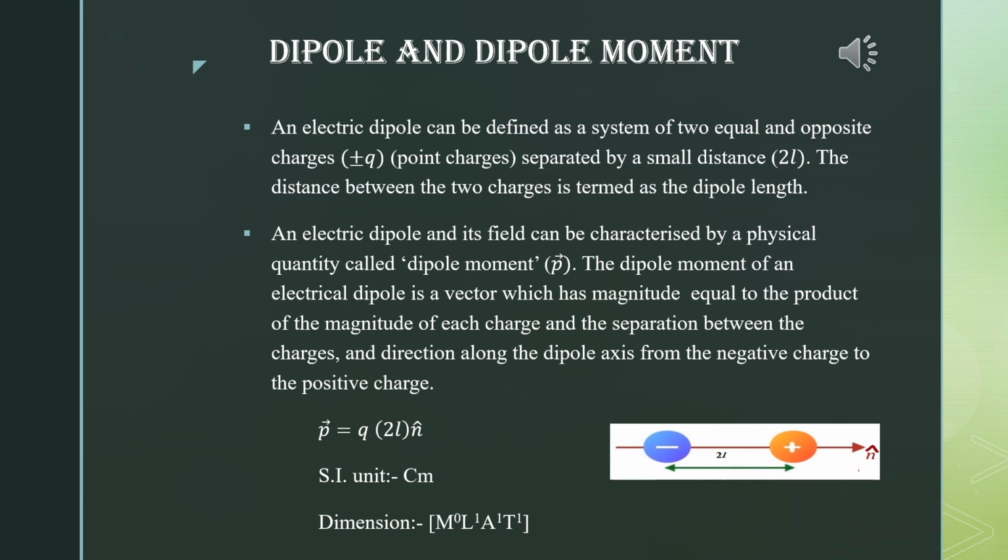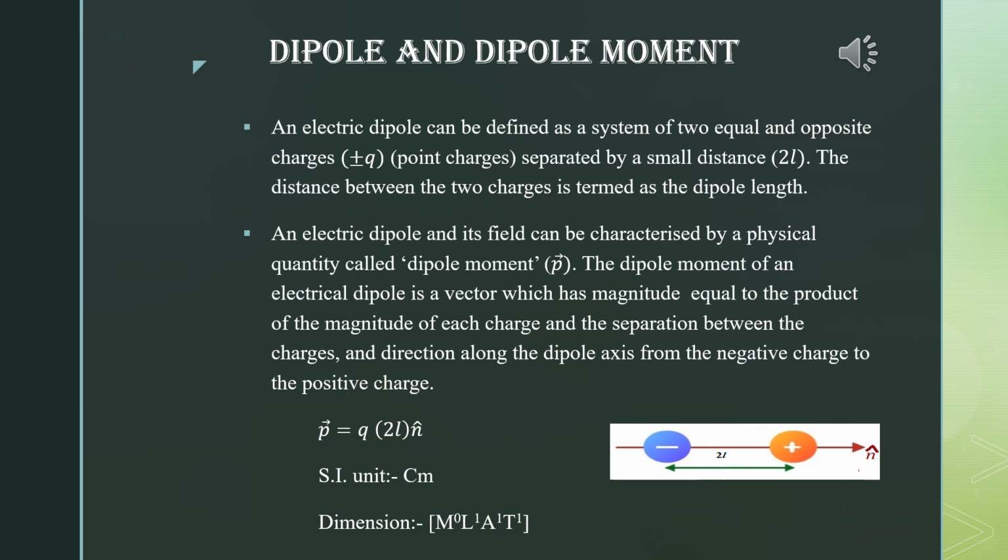Now whenever we are studying the electric field produced by a dipole, which is also called the dipole field, its strength, its distribution etc. can be characterized by a physical quantity called dipole moment. This dipole moment is a vector. As you know, a vector has two parts, magnitude and direction. The magnitude of the vector is equal to the product of the magnitude of each charge and the separation between the charges.